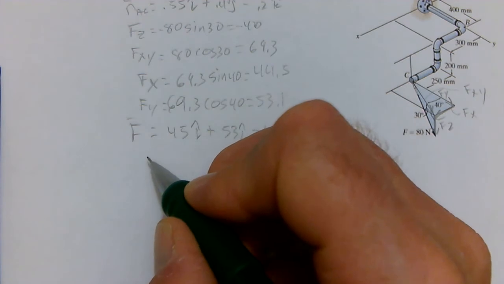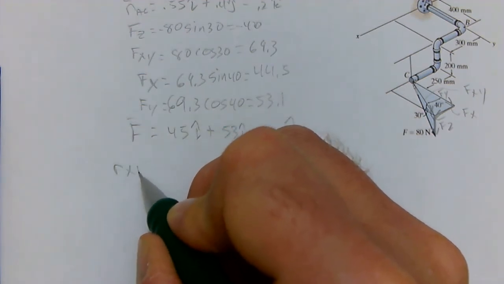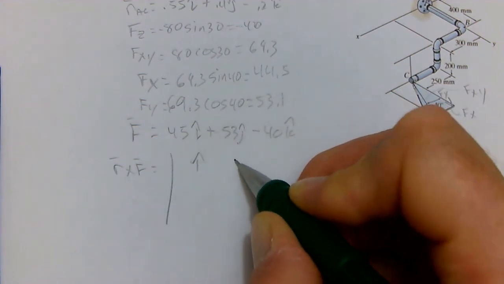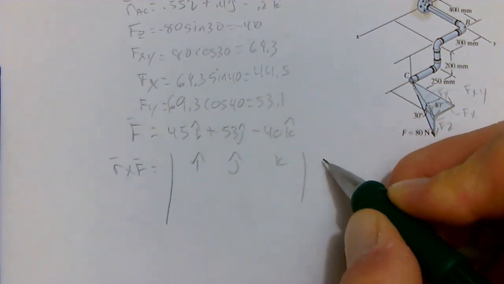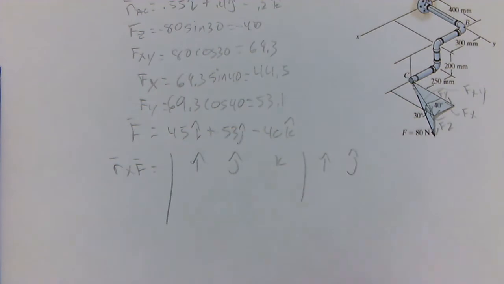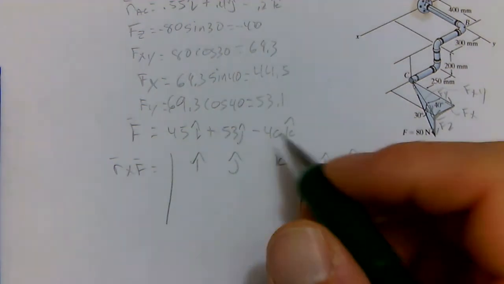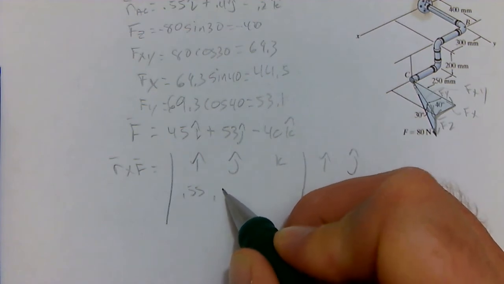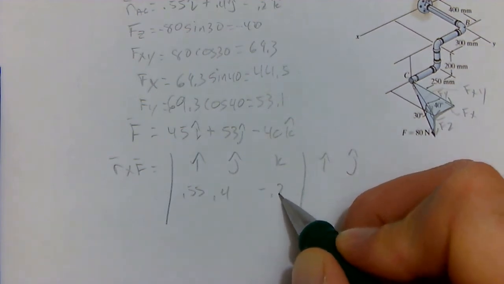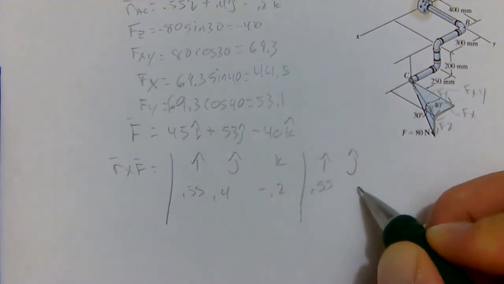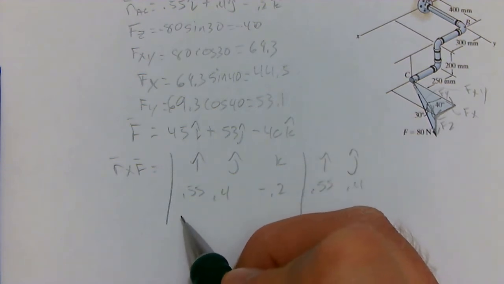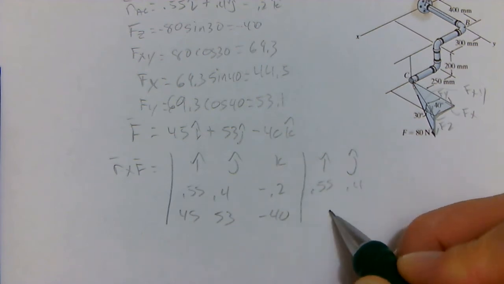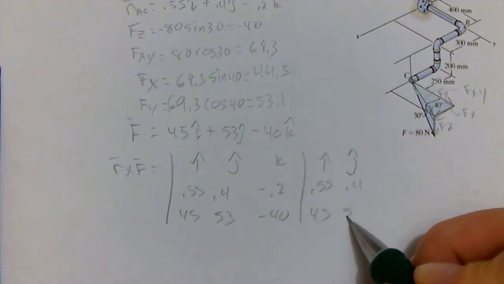Now we'll do our cross product, R cross F. In the R, we got 0.55, 0.4, negative 0.2, 0.55, 0.4, and F is 45, 53, negative 40, 45, and 53.